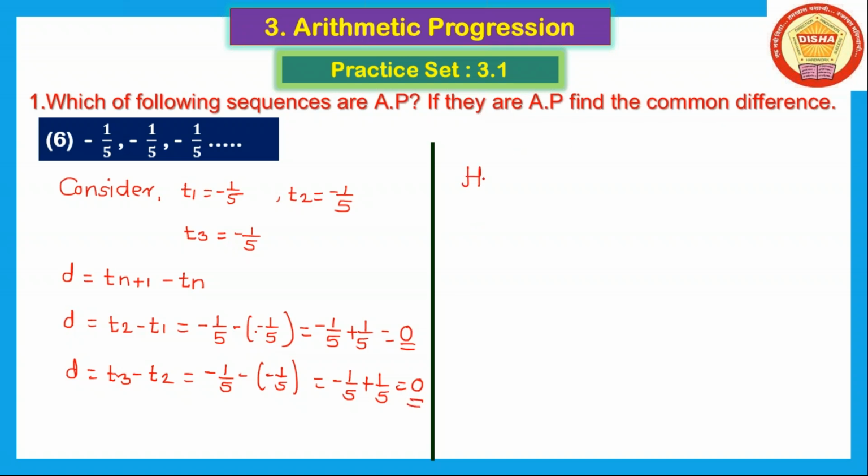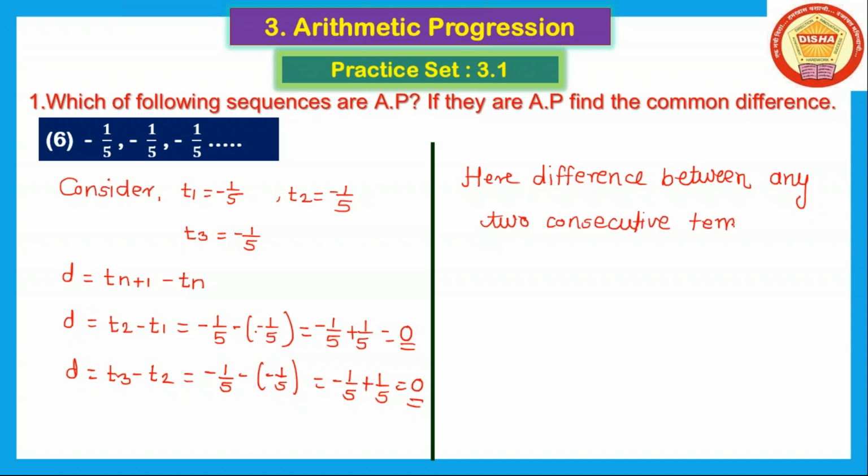So here we write: difference between any two consecutive terms is constant, okay. Therefore, given sequence is an AP. Okay.